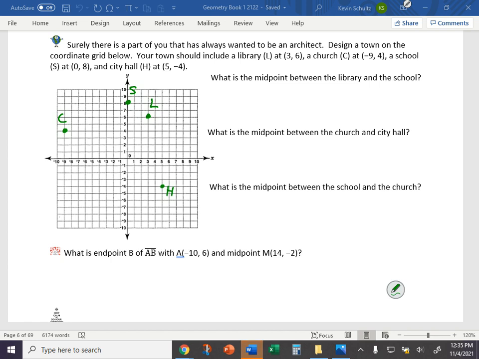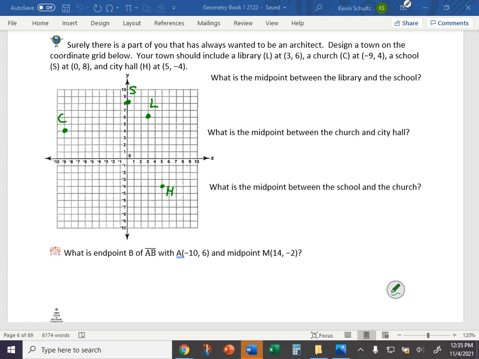So in order to do this correctly, you've got to put your coordinates in the right spot. So I'm kind of helping you out here. And then the questions that you need to answer. What is the midpoint between the library and the school? What is the midpoint between the church and City Hall? What is the midpoint between the school and the church?